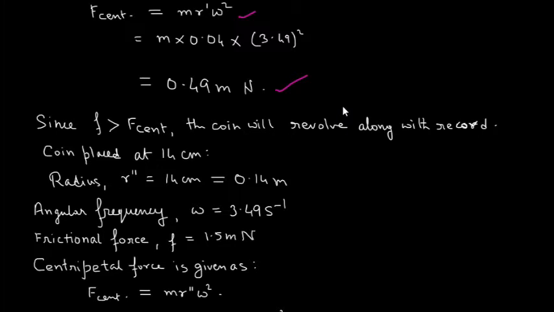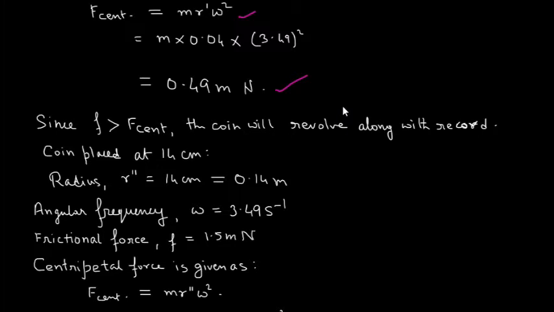Coin placed at 14 centimeter, radius r double dash is equal to 14 centimeter, is equal to 0.14 meter. Angular frequency omega is 3.49 per second. Friction force F is equal to 1.5 m Newton.